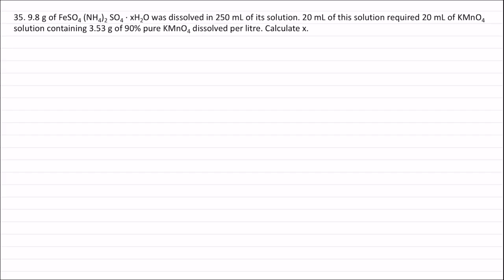Calculate x. Now equivalents of FeSO4.(NH4)2SO4.xH2O is equal to weight divided by equivalent weight.